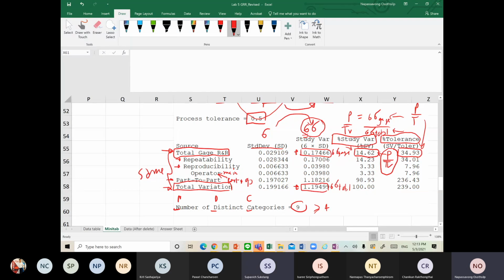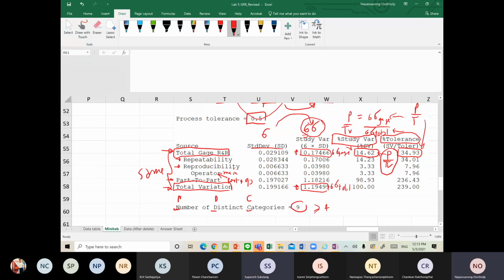So unacceptable, right? So if we do not accept the precision, we have to improve it by reducing the variation of the measurement system, right? And now the question is, should we reduce the variation regarding repeatability or reduce the variation regarding reproducibility? So which numbers should you take a look at?